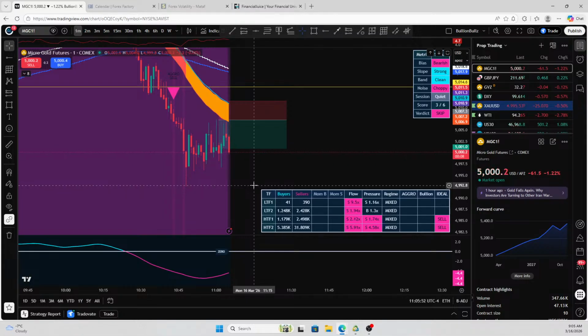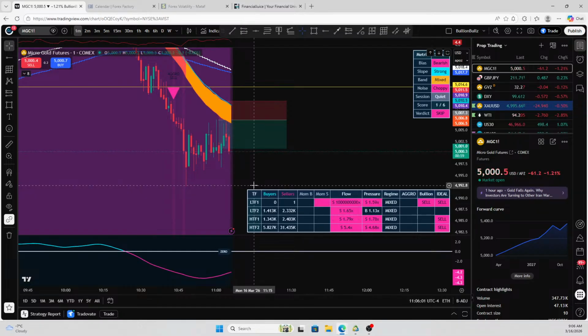Yeah, the flow is good. The pressure is good. All I want to see now is price snapping back to the band and then reversing from there to give us a quick 1:1.5. The main logic behind it would be: price created a low, broke that low, then created a new low.